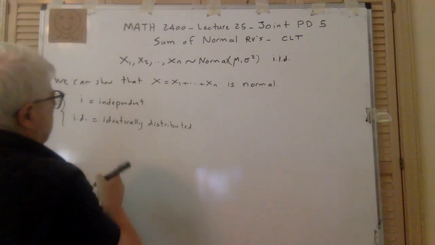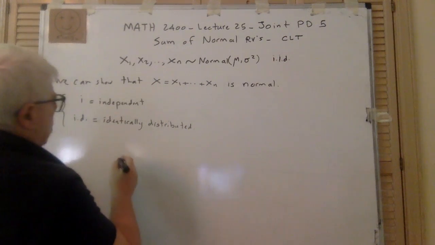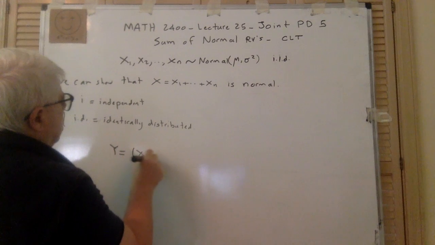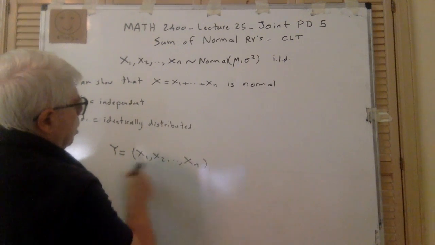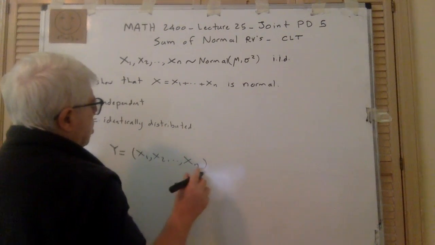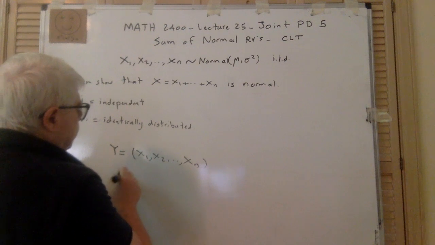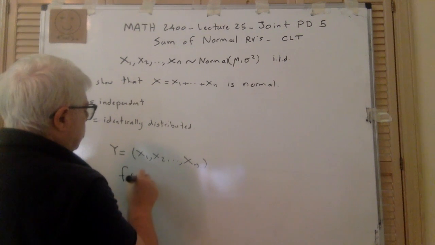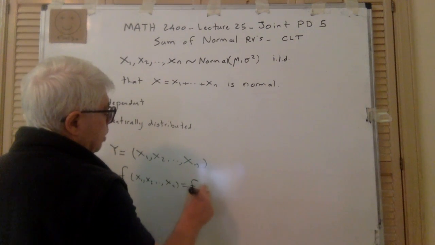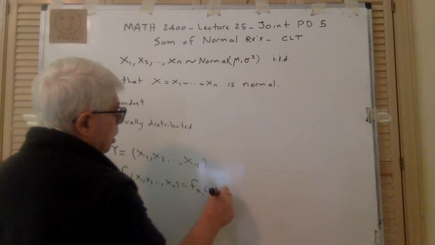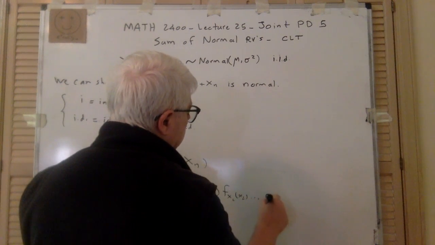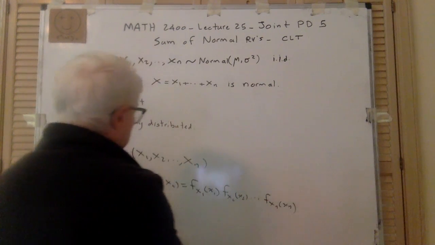But that's something else. Don't confuse this thing with the other one. So what we had before was, if we consider them as one multivariate random variable, then the PDF of this thing, f of X1, X2, up to Xn, splits into the marginals: f X1 of x1, times f X2 of x2, times up to f Xn of xn.